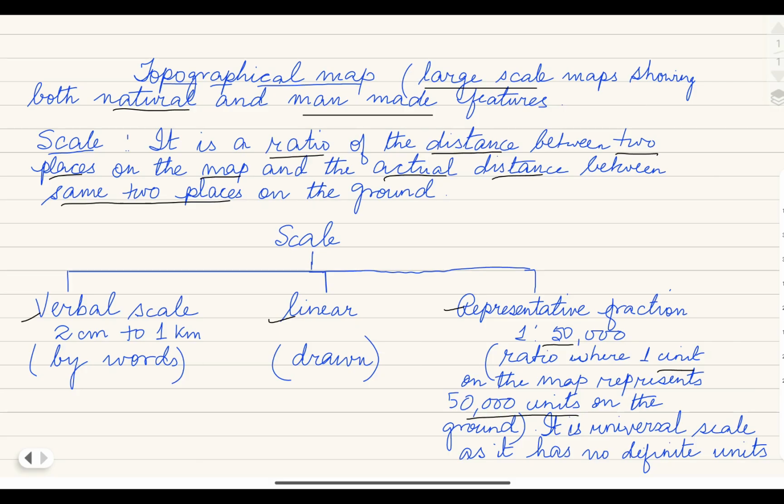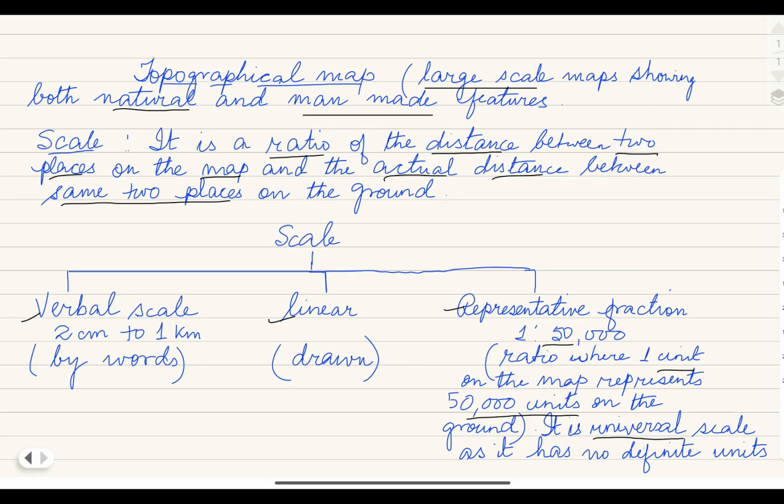Children, I am not writing centimeter, meter, feet, inch, nothing. I am saying 1 unit is representing 50,000 units on the ground. Since we are not using any specific unit, therefore this scale is universally accepted.